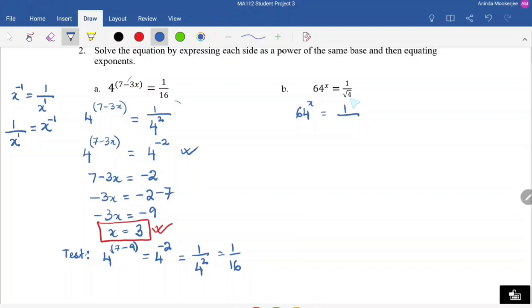So I'm going to write that 4 in exponent form. The square root, the radical, can always be rewritten in exponent form, and because it's a square root, it's going to be 4 raised to the power half, correct? Now the next thing is to write the 64 with a base 4, right?